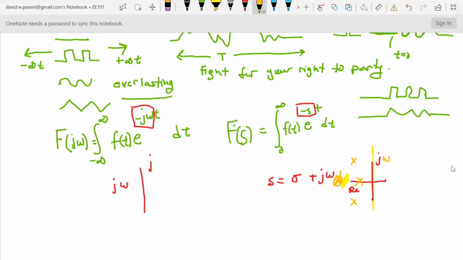We're going to talk about making filters by just putting poles and zeros around and then seeing what we get. That's after the midterm.